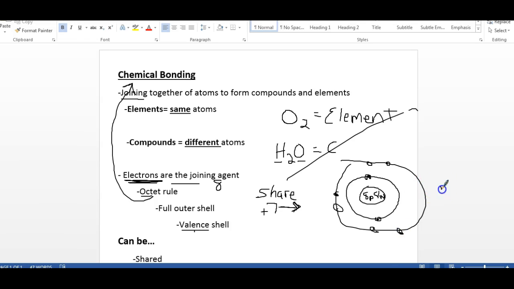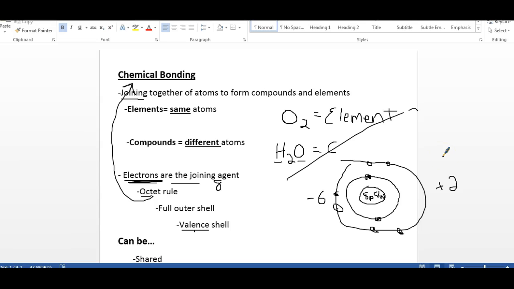So this needs +2. It either needs +2 or it needs -6. You think about what's easier, +2. So this one actually has 2 behaviors where it can give off 2, but it could also share 2.